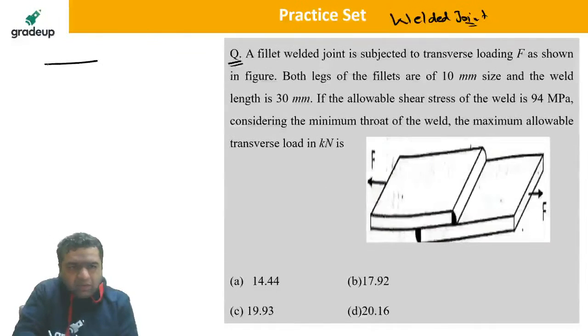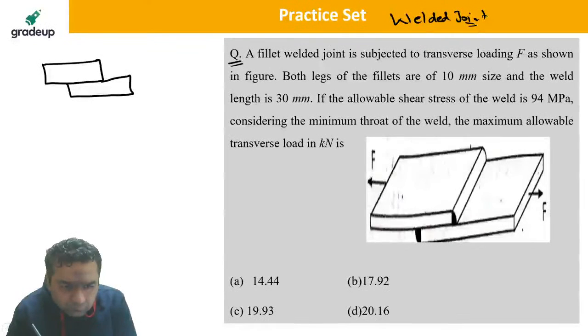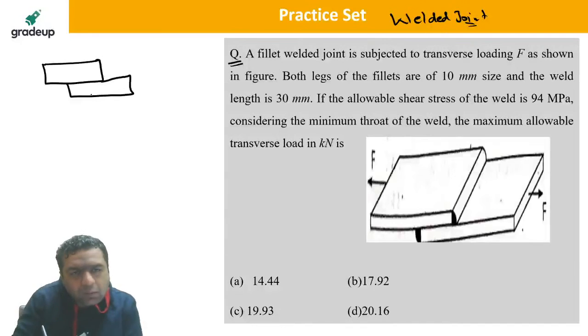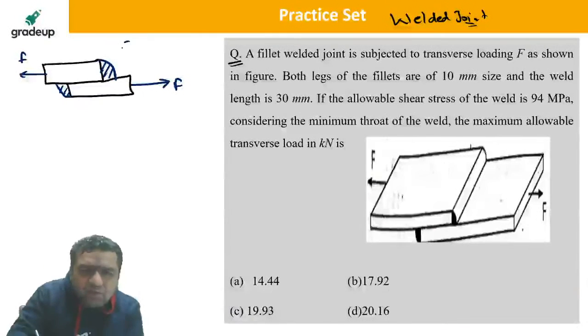The figure, if it is not clear to you, I am making it again. This is the force F and you can see it is a double fillet joint.